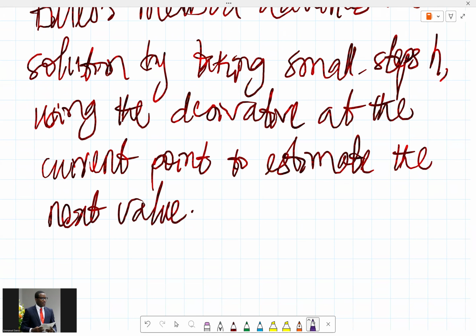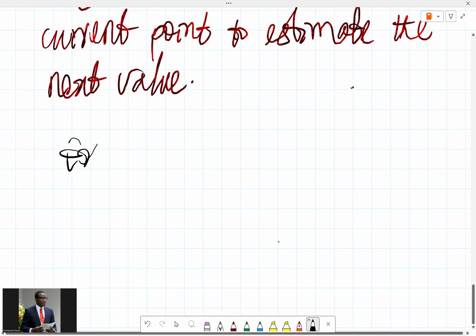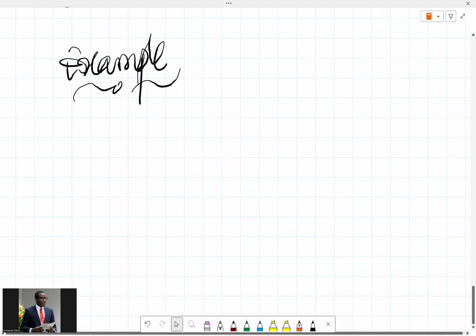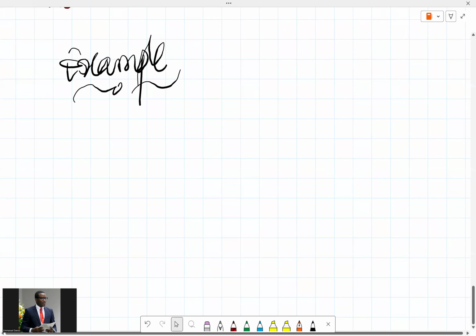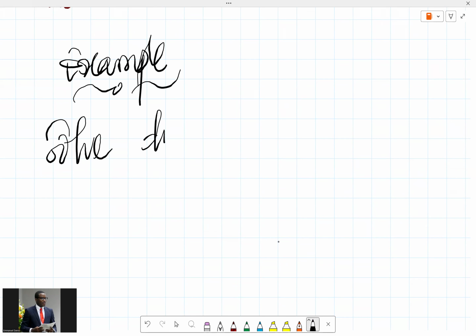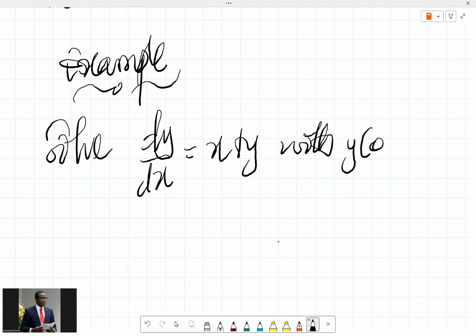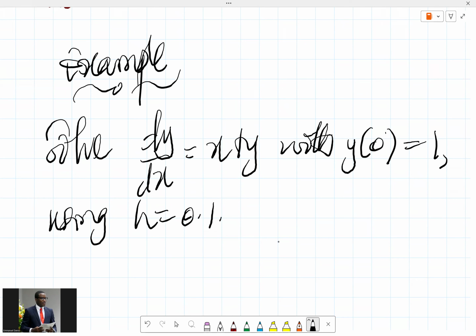Having said that, let's look at an example that helps our understanding of Euler's method. Imagine that you need to solve dy/dx equals x plus y with y of 0 equals 1. That's the initial condition, using 0.1 increment, meaning that the step size is 0.1.